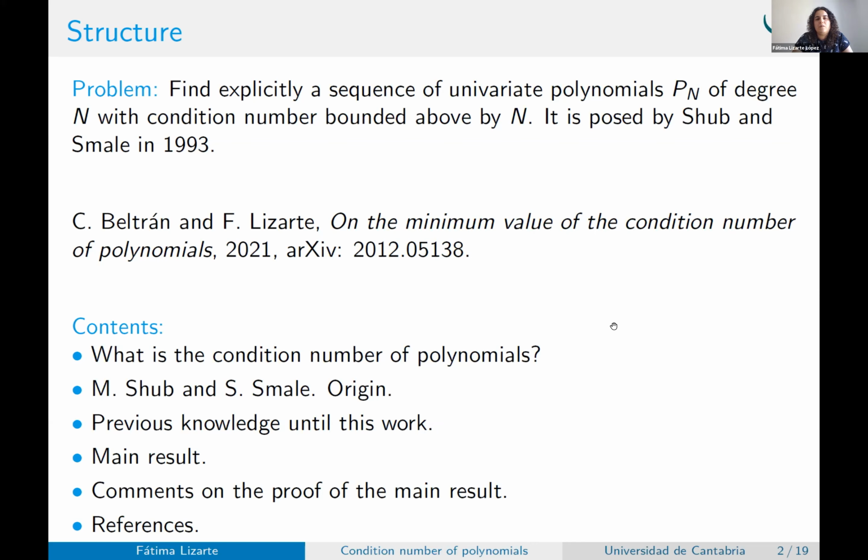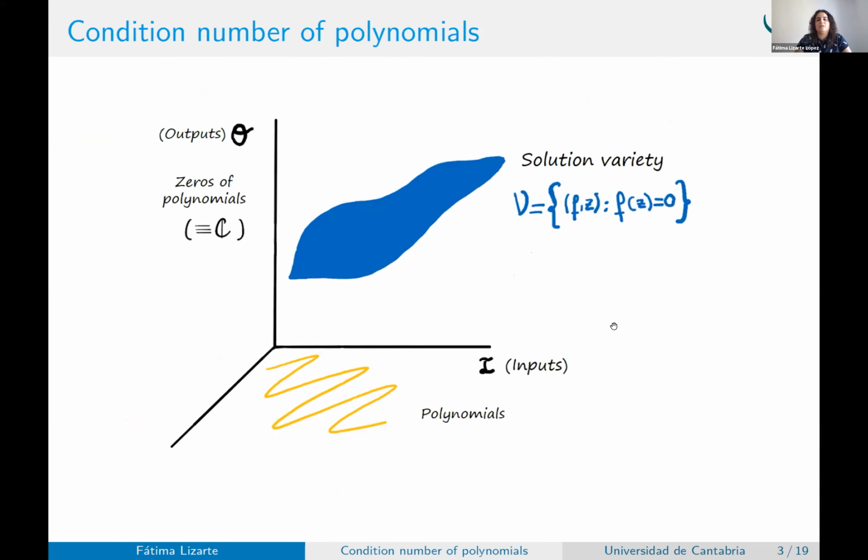Finally, we show the most important references used in this work. So, the first question is, what is the condition number of polynomials? The condition number of polynomials is a quantity associated with the roots of a polynomial that encodes how sensitive these roots are to perturbation of its coefficients.